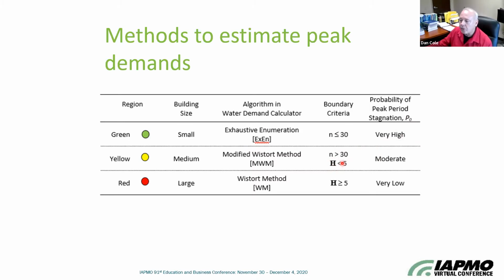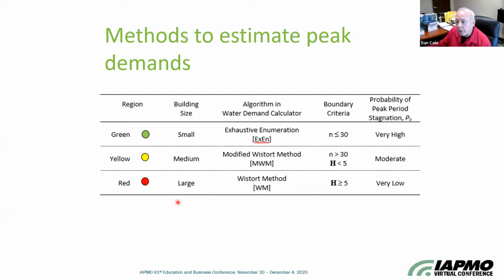If the Hunter number is less than 5, but the number of fixtures is greater than 30, then we use a method that's called the modified Wistort method. And again, I'll explain that. And the stagnation is moderate. It's not high, it's just this probability of stagnation is moderate.